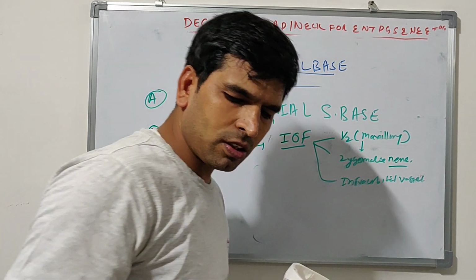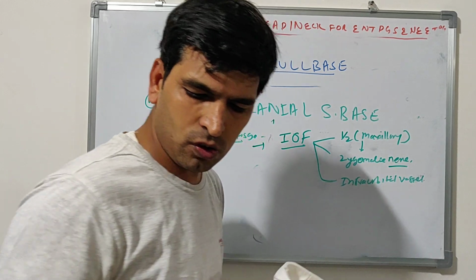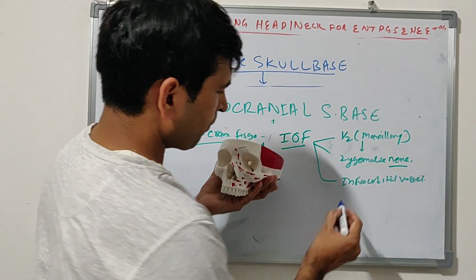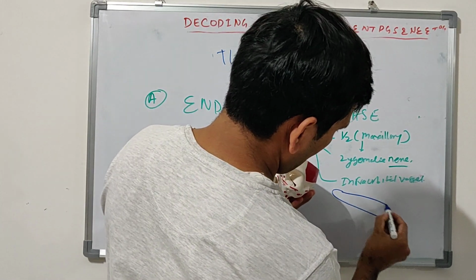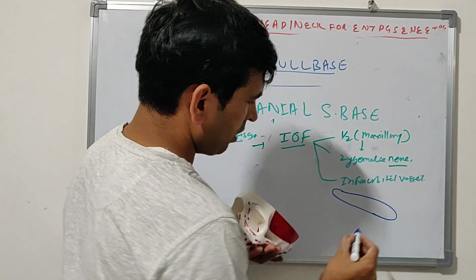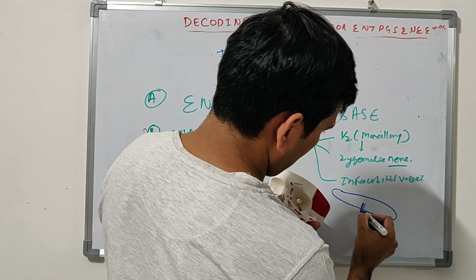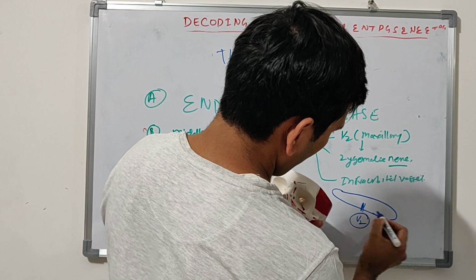These three structures pass through, and some emissary veins also pass through this. Okay, if you see the diagram, this is the inferior orbital fissure. One main branch, a groove, is coming like this. This is V2, the maxillary nerve.